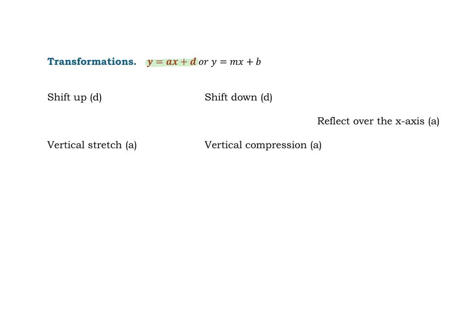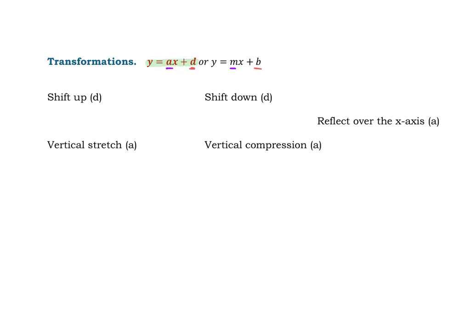Well, I just want to point out that the a and the m are in the same place, that number in front of x, and that the d and the b are in the same place, so that d is the y-intercept. We are going to be using the variables a, b, c, and d to talk about transformations all year. So we have to start shifting our focus and our thoughts on using A's and B's, or A, B, C's, and D's.